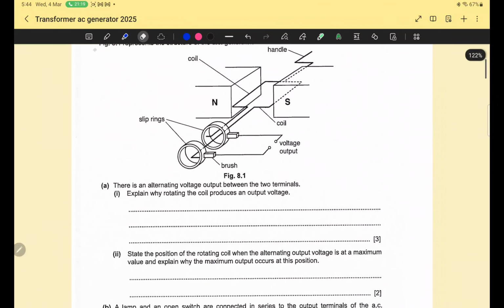Sir, when the coil is rotating, the coil is cutting magnetic field lines.